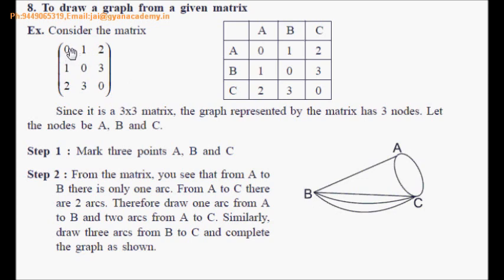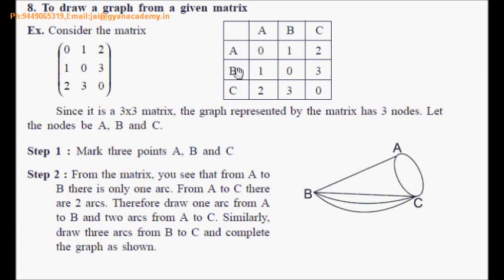Here you can see that this graph is first tabulated in this format, wherein we put A, B and C here, and similarly A, B and C here, and just copy the matrix here in this box. That means A to A there is no arc, A to B is 1 arc, so we have drawn A to B 1 line. Again we have A to C, we have 2 lines, so we have drawn 2 arcs over here.